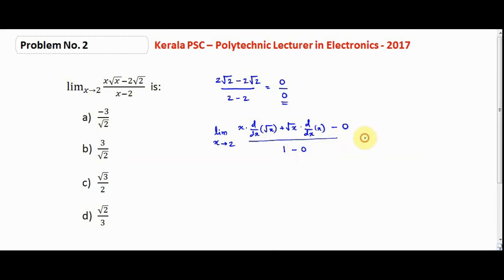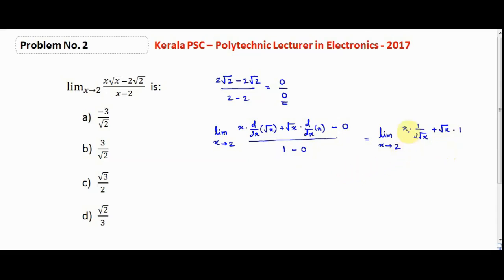So this is equal to limit x tends to 2, x into d by dx of root x. It is 1 by 2 root x, plus root x into d by dx of x, that is 1. So root x into 1 divided by 1.